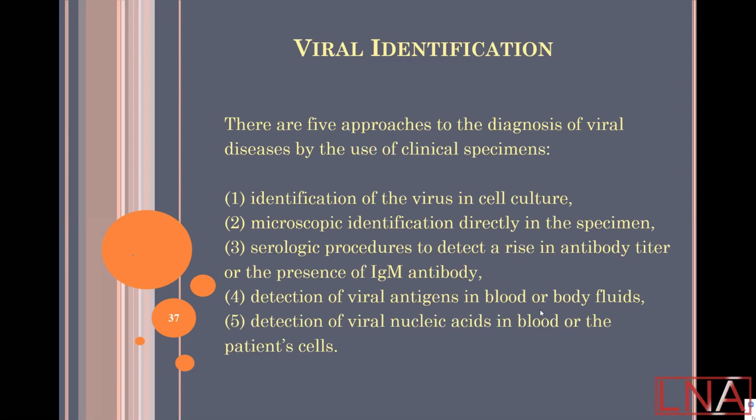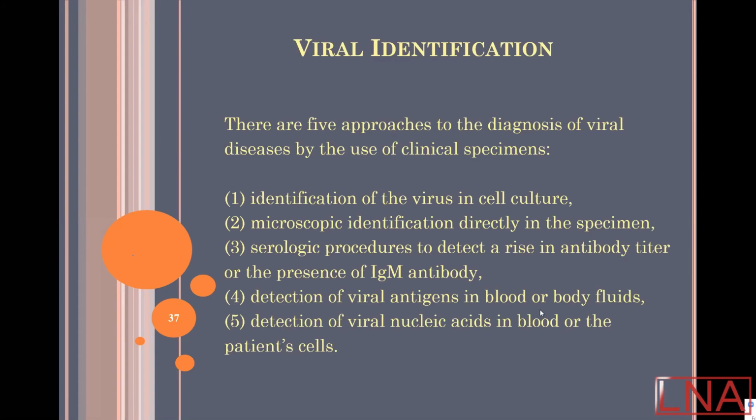Second possible way, microscopic identification directly in the specimen. Third possible way, serological procedures to detect a rise in antibody titer or the presence of IgM antibody, just presence. Fourth way, detection of viral antigens in blood or body fluids.